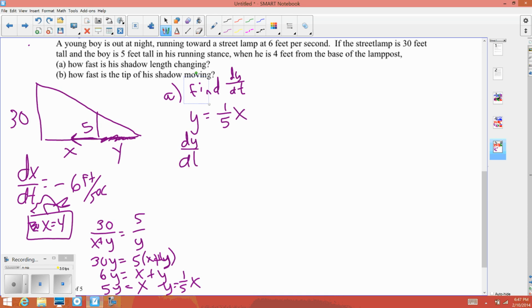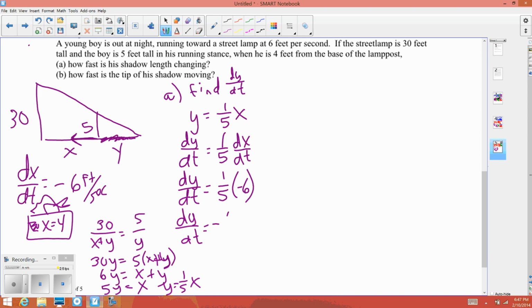So dy/dt, the change in the length of the shadow, would be 1/5 dx/dt. All right, plug in what we have for dx/dt. 1/5 times -6. So the length of the shadow is decreasing at a rate of 6/5, or 1 1/5 feet per second.